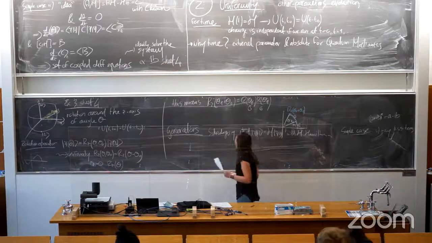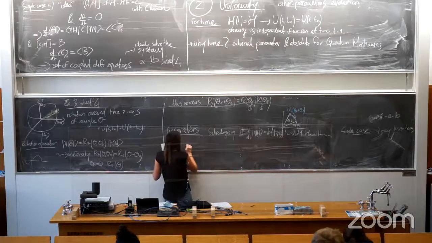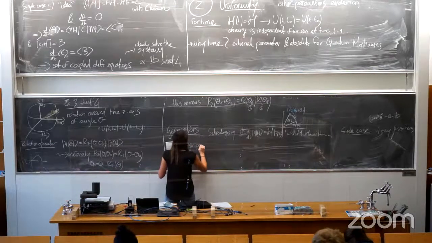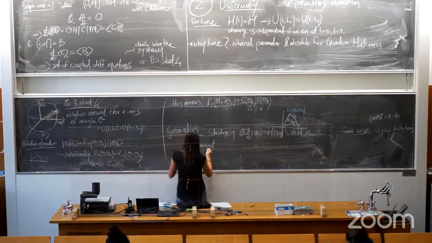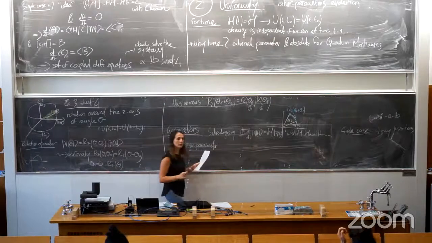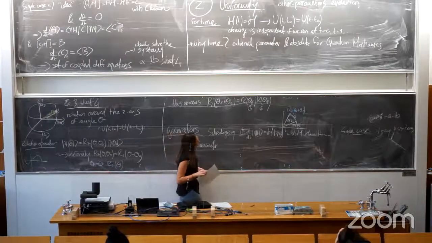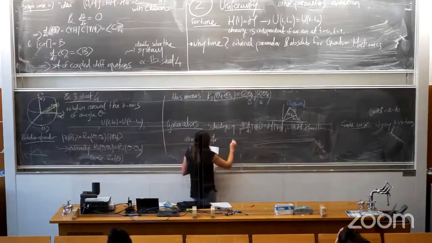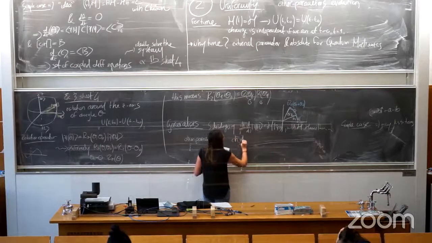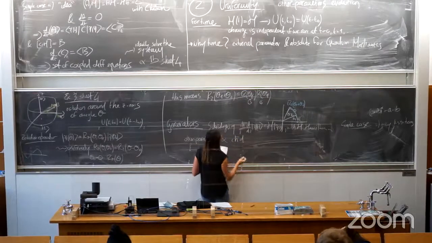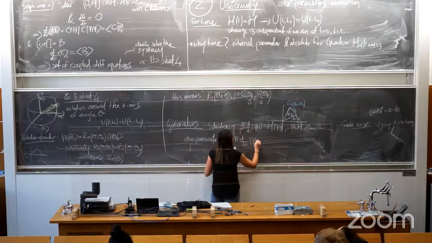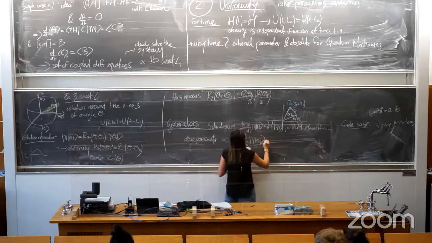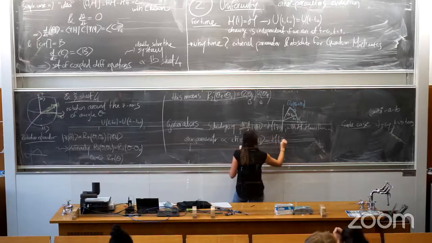And for another parameter, that's why I called it another parameter, the idea is exactly the same. I should find an equation. I call this parameter alpha. So i ħ d/dalpha psi of alpha equals some H psi of alpha.